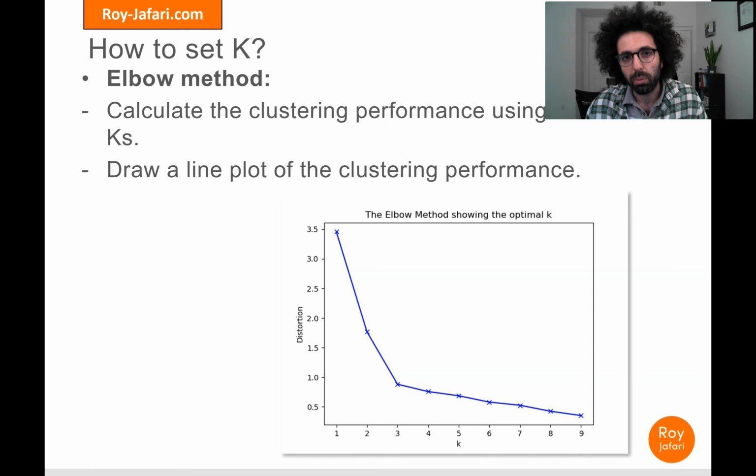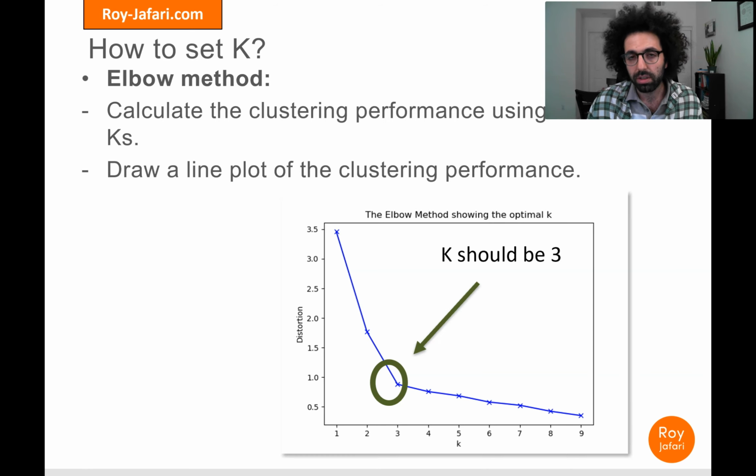Then the way we use SSE to find the best number of clusters is to say, okay, if the rate of improvement decreases when you jump from one number of clusters to the next, that could be an indicator for us that maybe this is the best number of clusters.